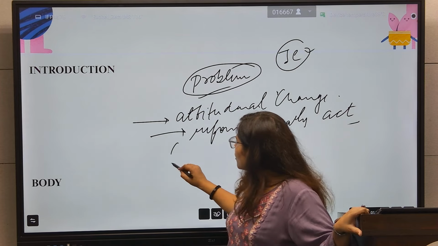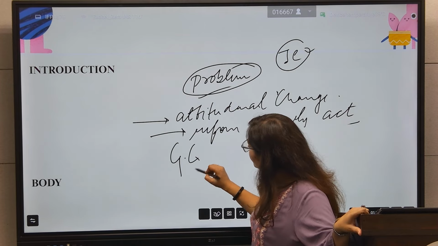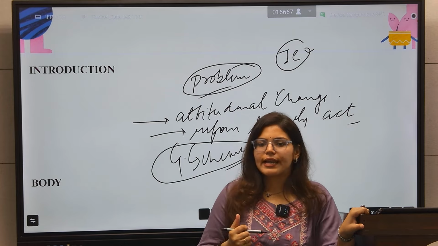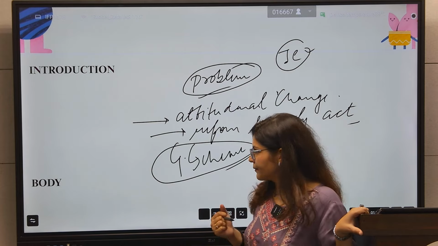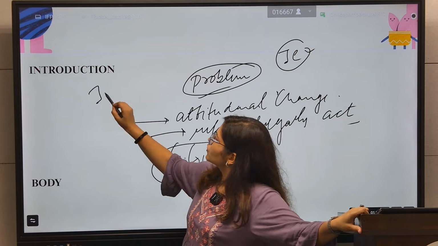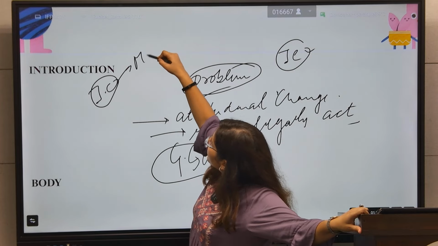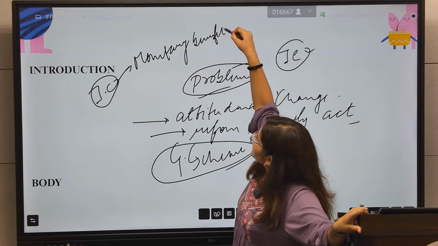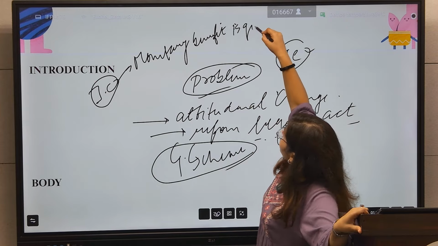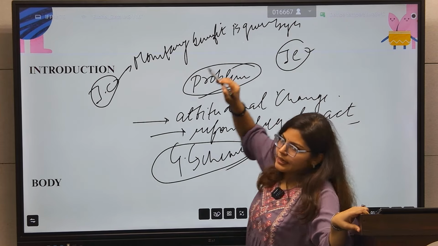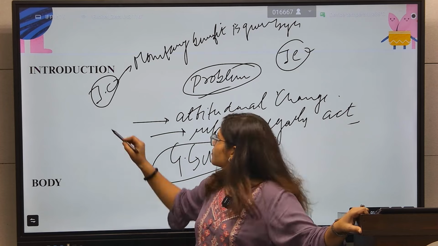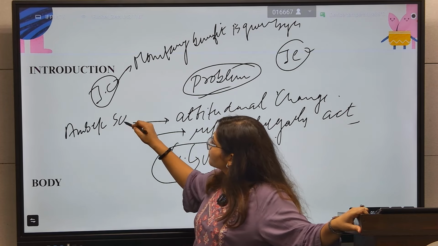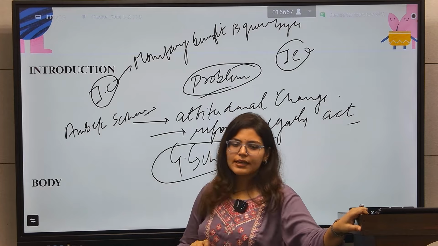If you have some government scheme which promotes interfaith marriages, then you can also write this scheme in your conclusion part. Like for intercaste marriages, a monetary benefit is given by the government. The Ambedkar scheme is a government scheme for intercaste marriages.